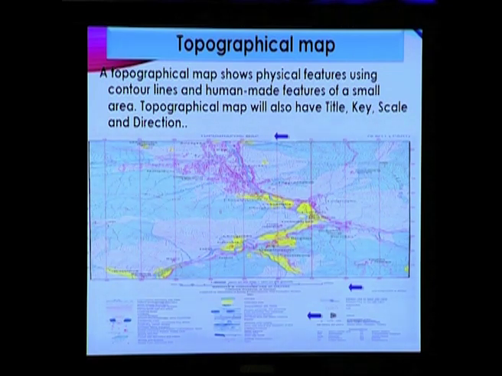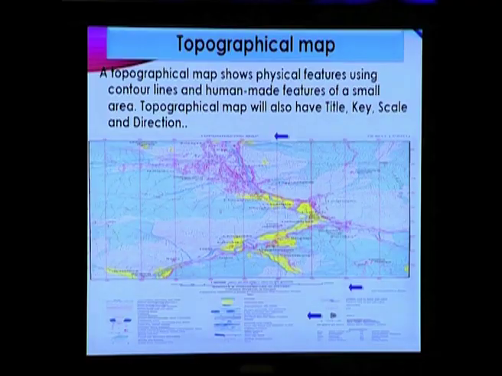So here the title of the map is 78E11. Then we have key. Here we have many keys on the map, and these keys help us to know what are the features given on the map.